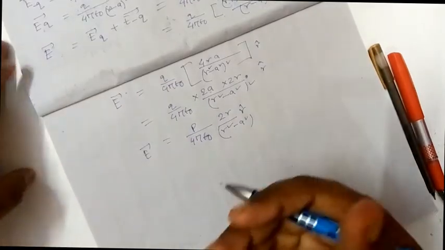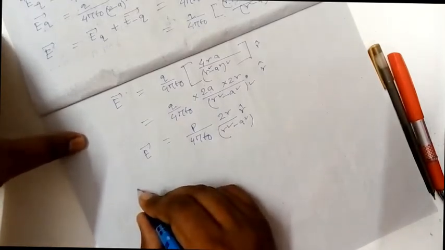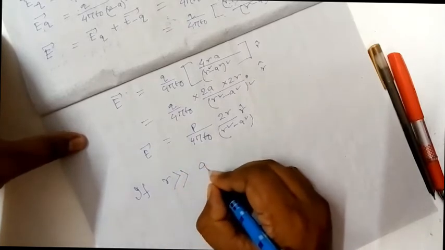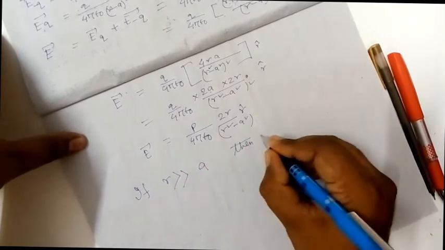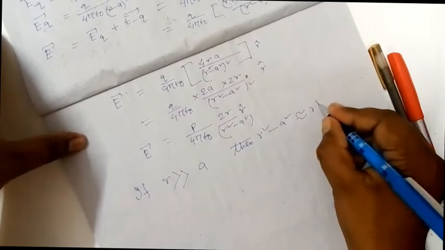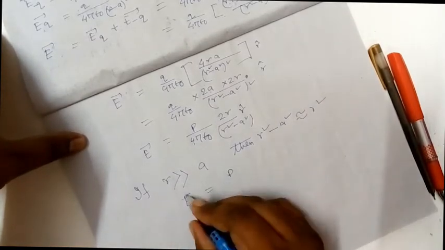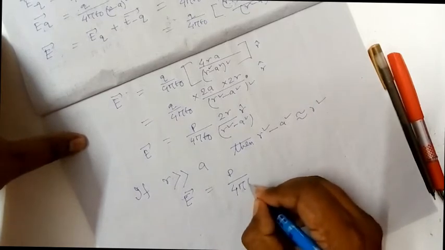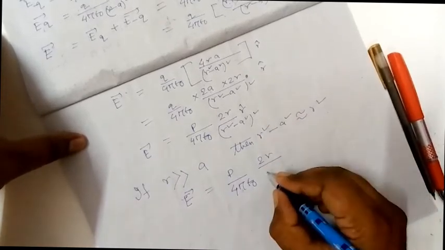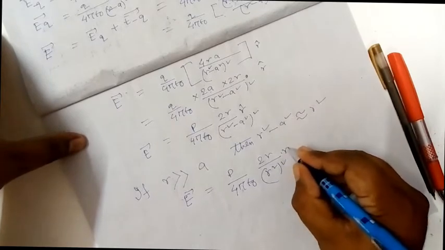If I want to assume one thing, then it is a bit easier for us. That is, if r is very much greater than a, then r square minus a square is nearly equal to r square, and then E will be P by 4 pi epsilon naught, 2 into r by r square whole square, into r cap.